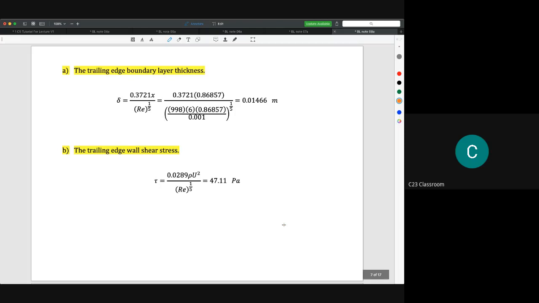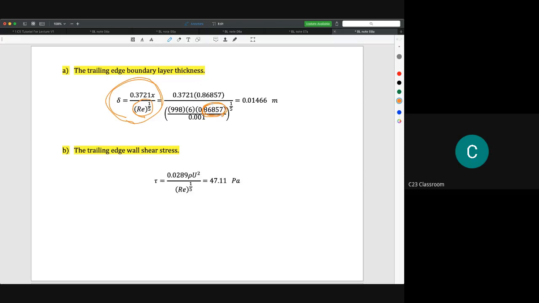Then we can calculate the trailing edge boundary layer thickness. We substitute the value, this is the delta from the turbulent boundary layer. We use the Reynolds number, but we need to calculate the Reynolds number for the turbulent part only. We cannot use the Reynolds number for the whole plate because the turbulent boundary layer only occurs at a certain part.